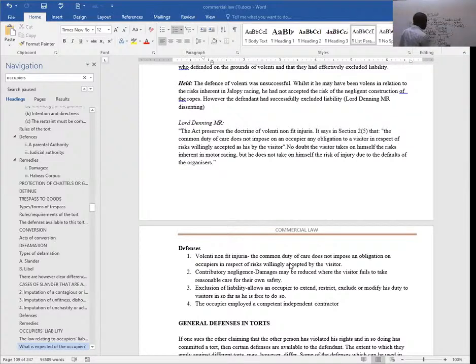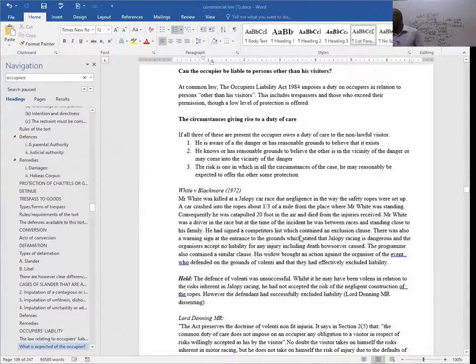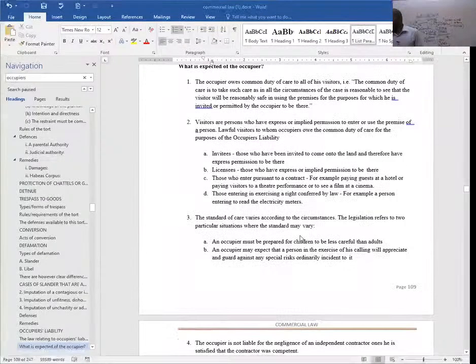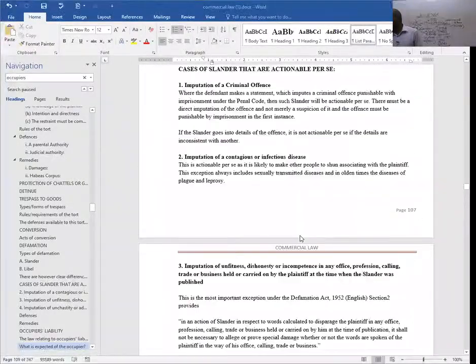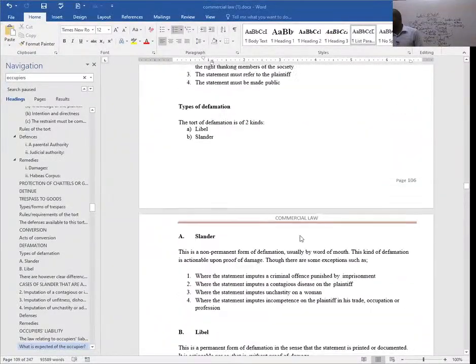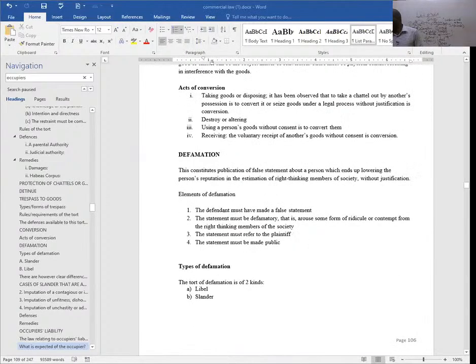Libel is defamation in permanent form, while slander is not in permanent form, but just by word of mouth. When you talk about libel, we simply mean that this defamation came out maybe in a publication or in a printed form. It's in a permanent form. That is what we mean by libel.